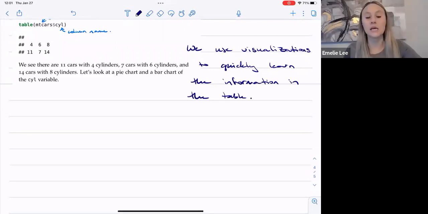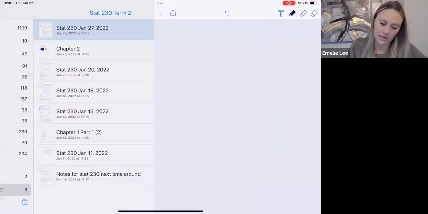So it's just to get a quick idea of what's going on. So the visualizations that we're about to see are just the table, just visually instead.